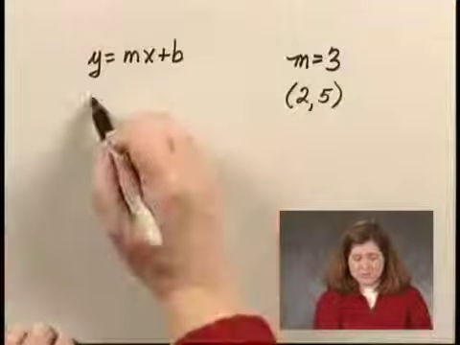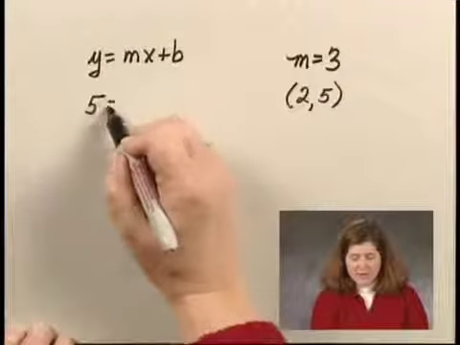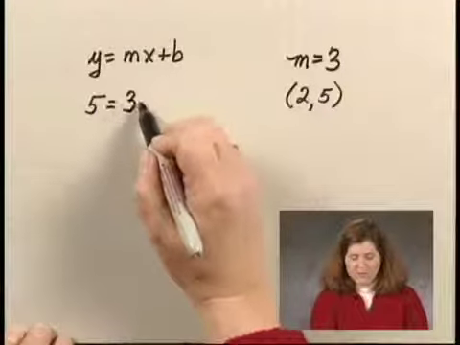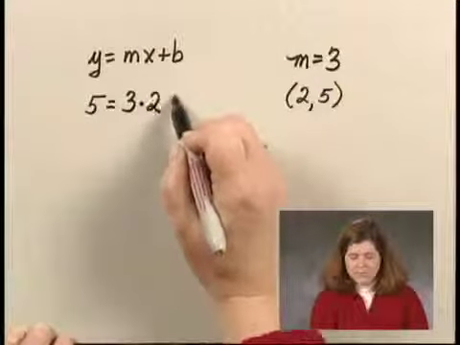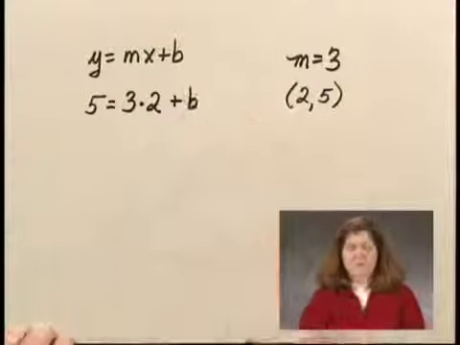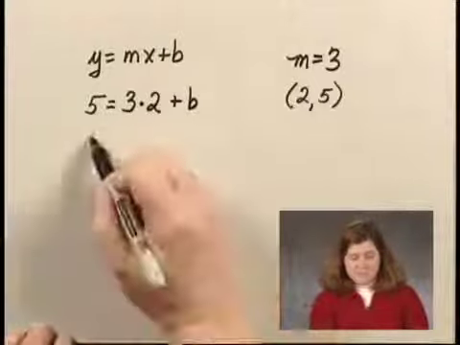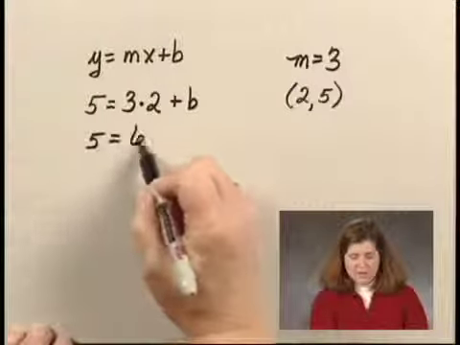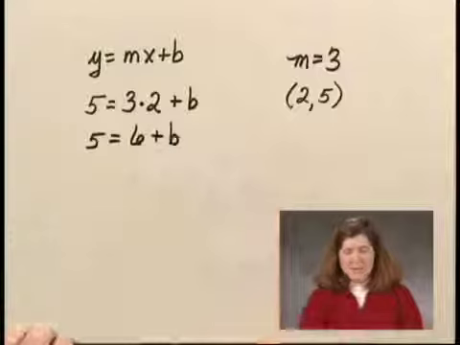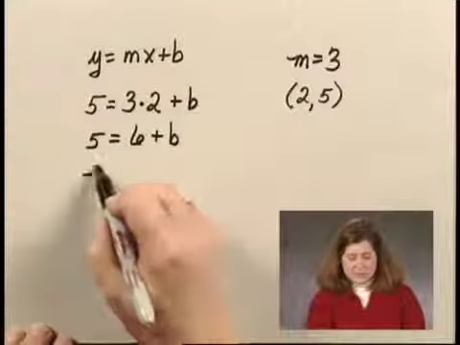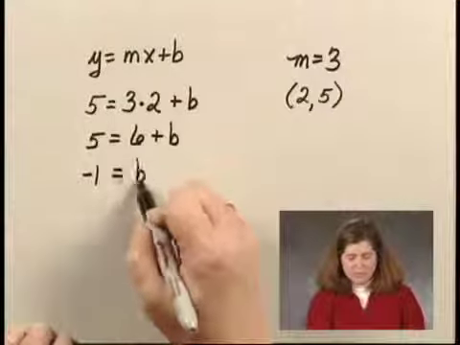So if I substitute 5 for y, 3 for m, 2 for x, I can solve for b. I have 5 = 6 + b. Subtracting 6 from both sides, I have -1 = b.